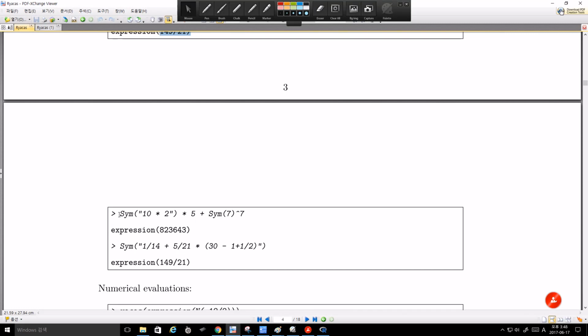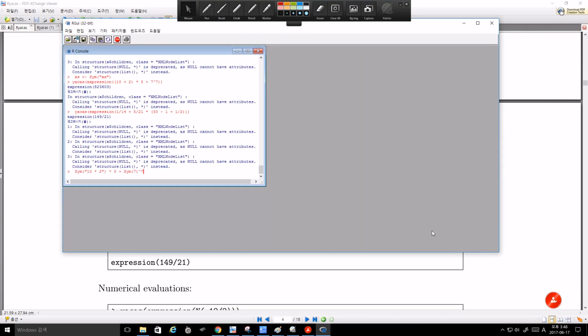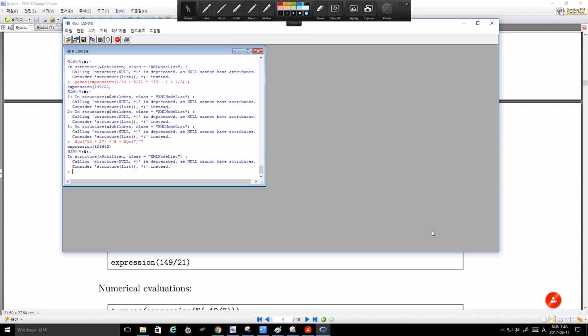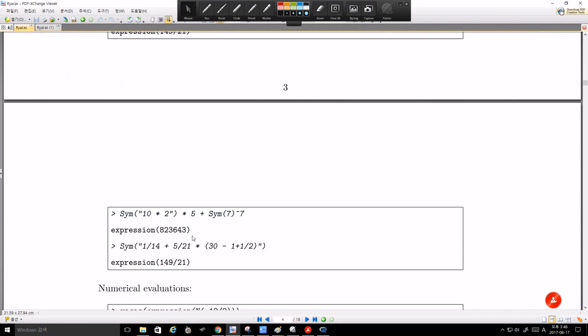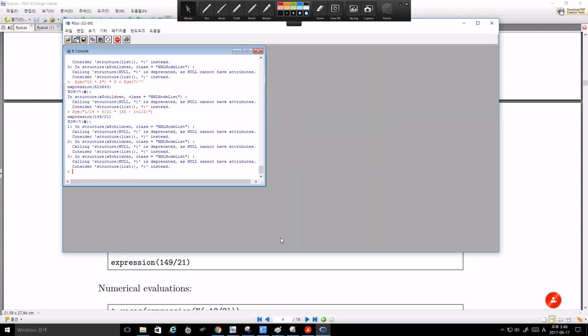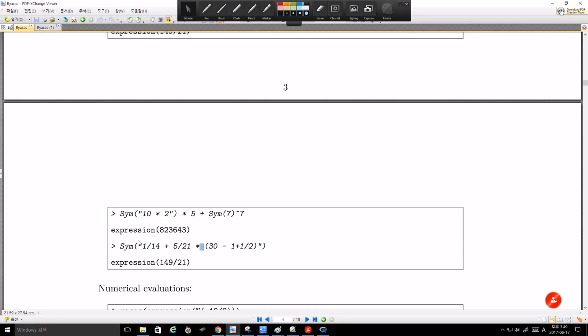And the symbol of this one, again, it is similar. Well, it doesn't work over here, actually. How about this one? I don't know why this doesn't work. Yes, it works perfectly over here. So we use sym and double quotes, then calculate this as fractions.